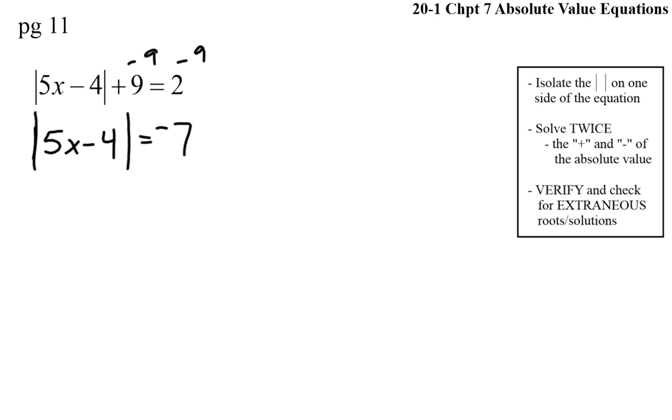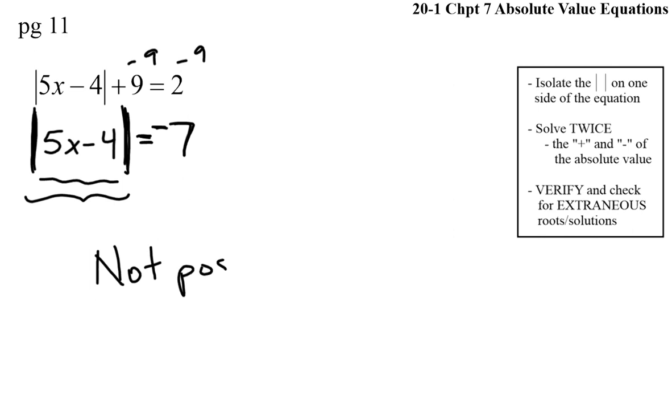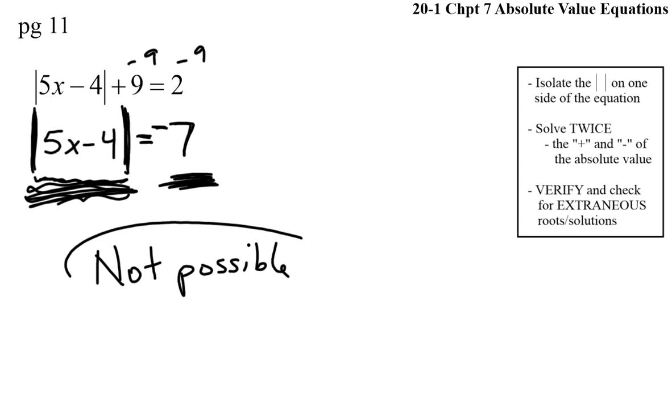The problem is we have the absolute of something, and we're saying the absolute of some value equals -7. That's not possible. The absolute of anything has to be positive. And since our absolute equals negative, this question is not possible for a solution.